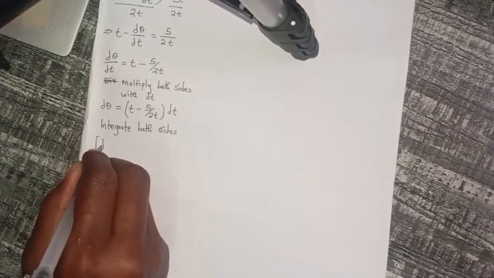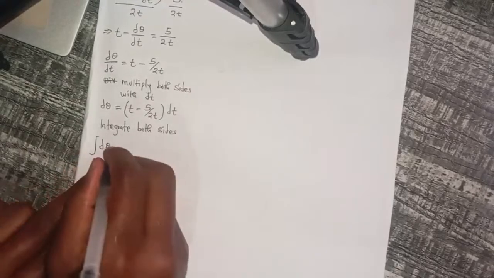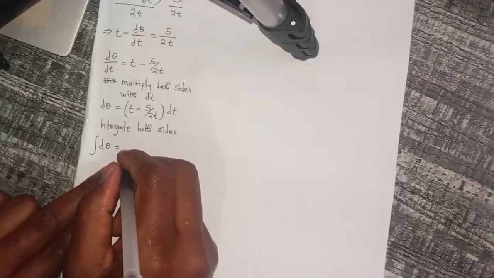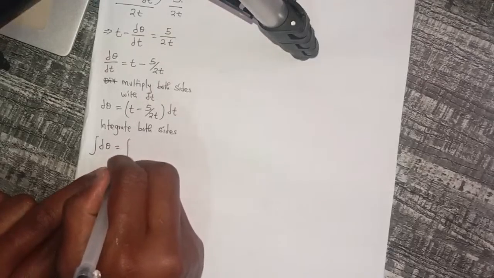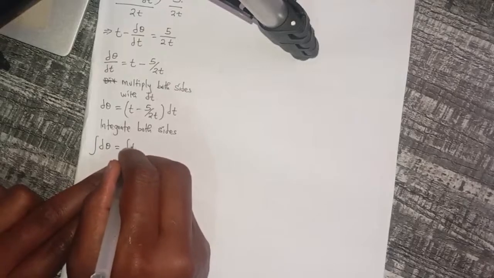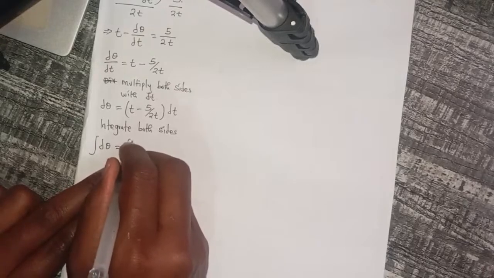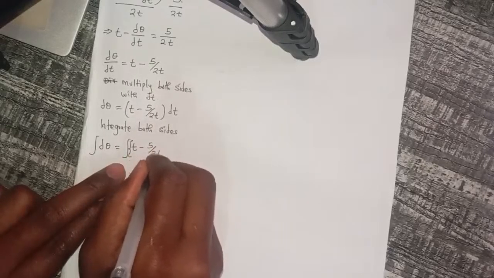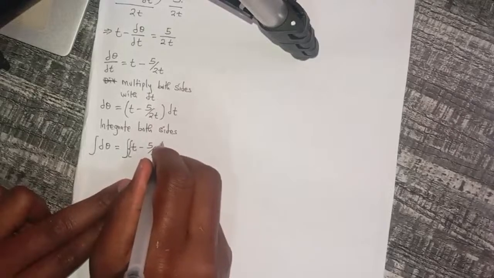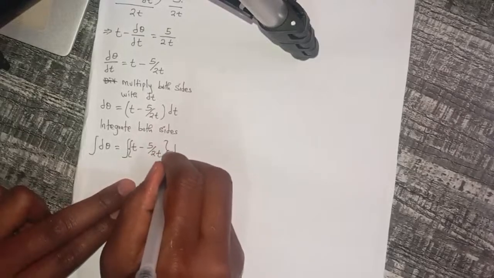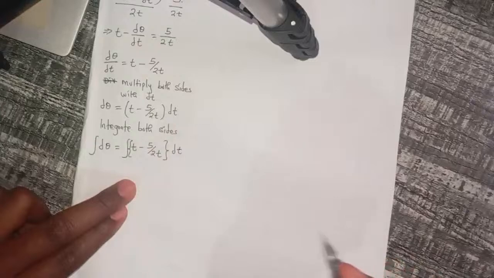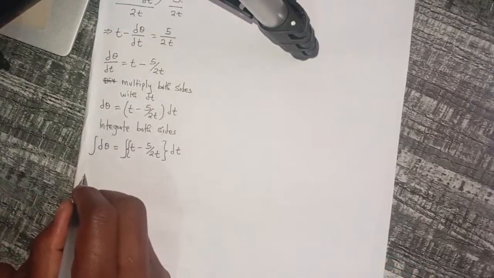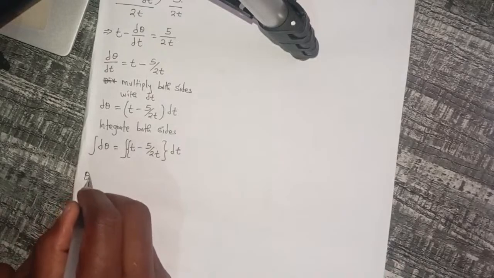So the integral of d theta is equivalent to the integral of (t minus 5/2t) with respect to dt. So the integral of d theta is theta.